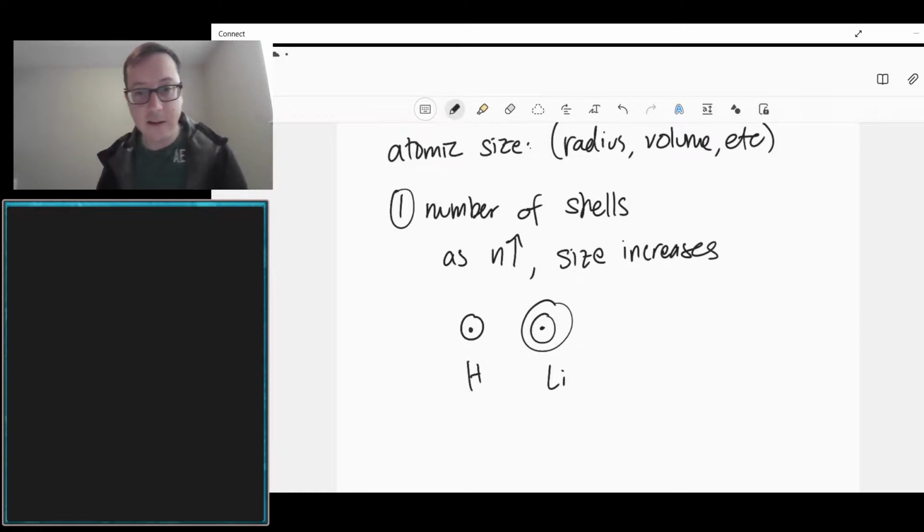Here's a hydrogen, here's a lithium. Hopefully we can see the lithium is bigger. We have more shells. Pretty standard, right? Remember that this would be the 2s shell on lithium. It's also got the 1s inside it, right? The 2s is farther out from the nucleus, it's higher energy. And so, as a result, because it's farther out, that's going to make our atomic size bigger.